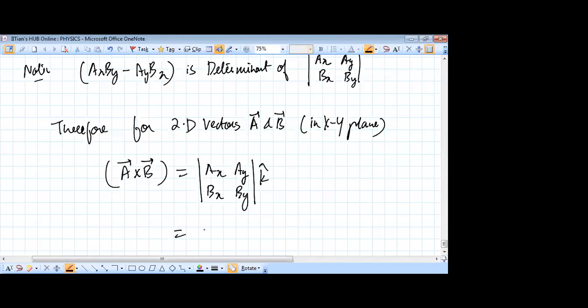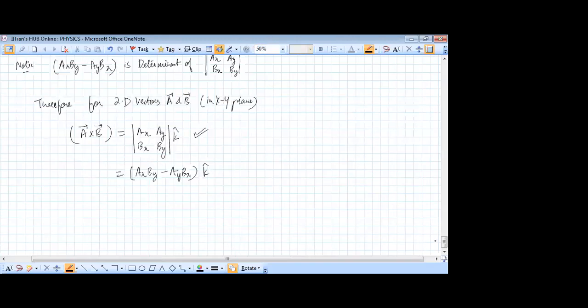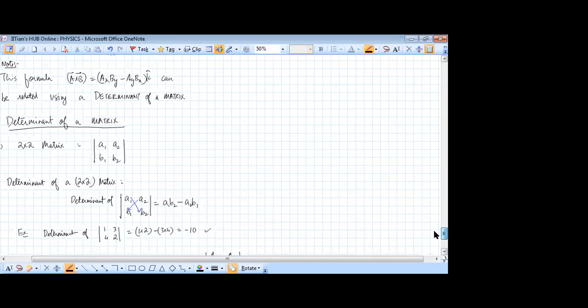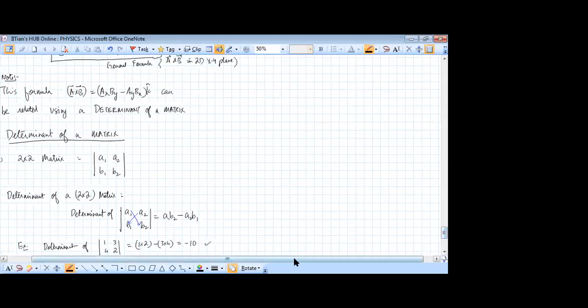So that further becomes ax by minus ay bx. So you don't have to remember this formula directly. You can just relate it with this determinant, and then you know how to solve that determinant. So I'll just leave you with some time to understand this.